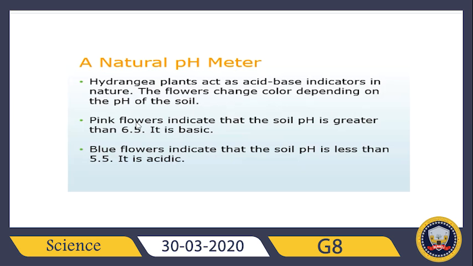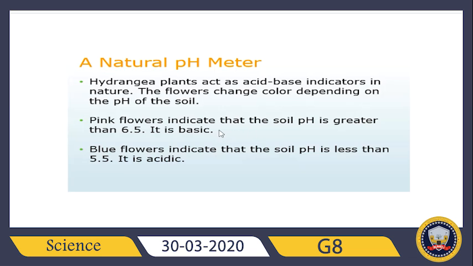So pink flowers indicate that the soil pH is greater than 6.5, so it's a basic soil, while blue flowers indicate that the soil pH is less than 5.5, so the soil is going to be acidic. So the color of the flower here will be affected by what? By the type of the soil, whether it is acidic or basic.